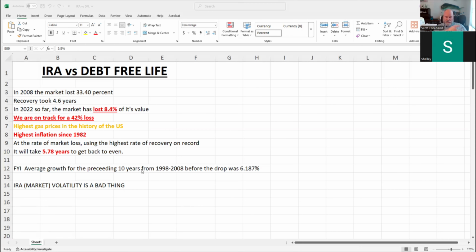So if we went up 6.18% over a period of 10 years and all of a sudden we dropped 30, then we just gave back 5 years of gains. And then we're going to reset in 5 years, we get back to even, and then we're back to that same boom, bust, reset, boom, bust, reset, that same process that we go through.